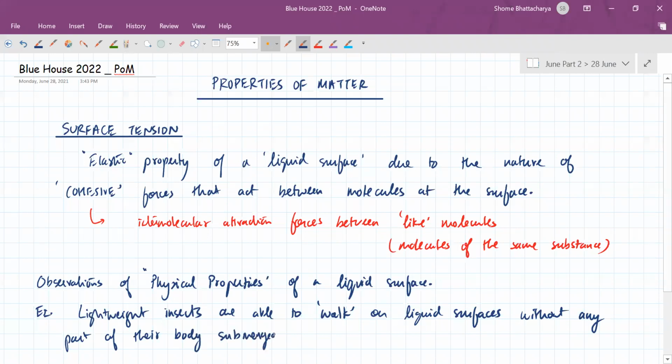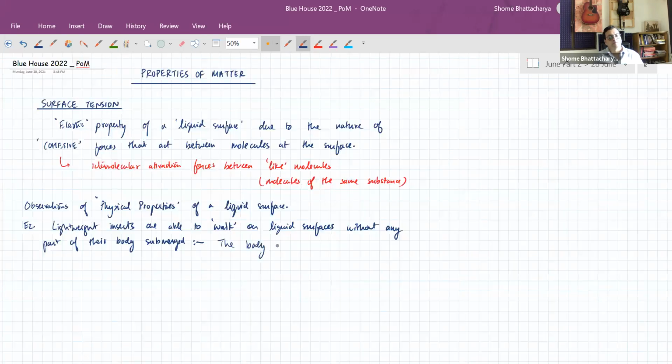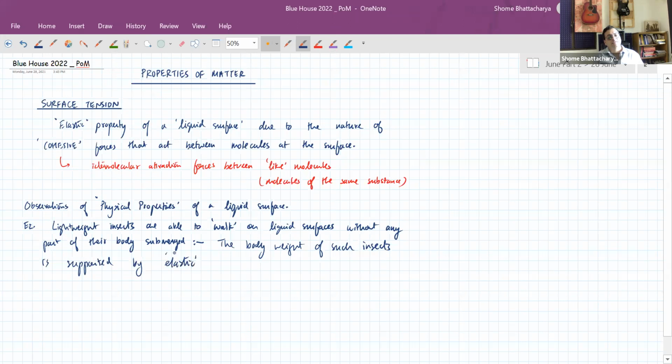So what happens here is that the weight is supported by, or balanced by, the elastic force that the surface applies. So once again, you can see that the surface acts like an elastic material.